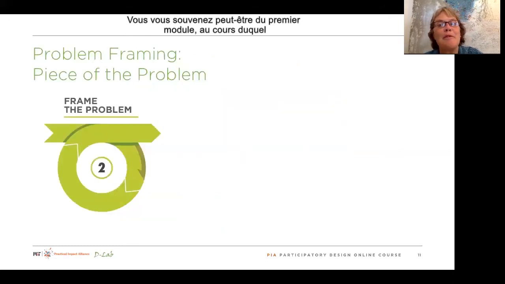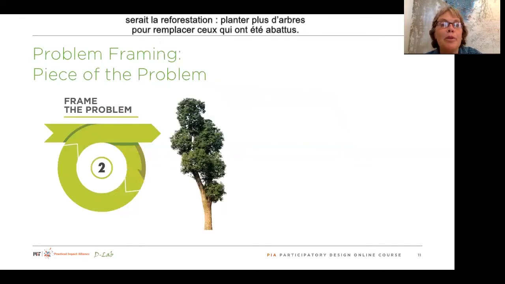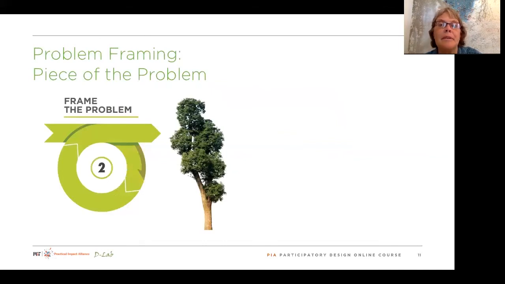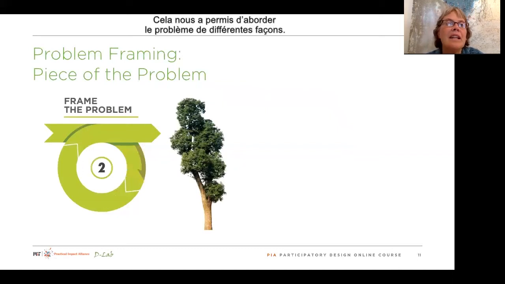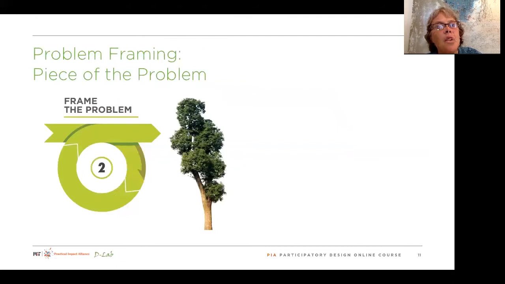You may recall from the first session that we talked about the problem of deforestation in Haiti. One of the most obvious problem framings to address deforestation would be reforestation, planting more trees to replace those that were cut down. But by learning more about the situation, we gained insight into the causes of deforestation, and that allowed us to think about the problem in different ways.